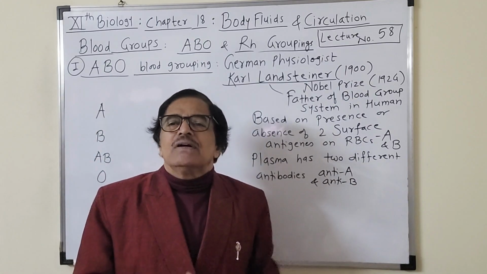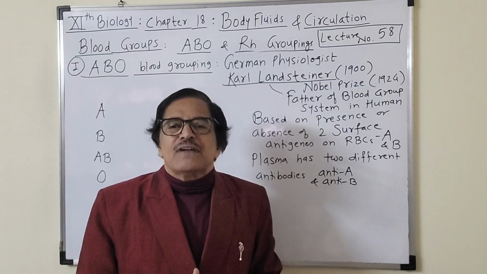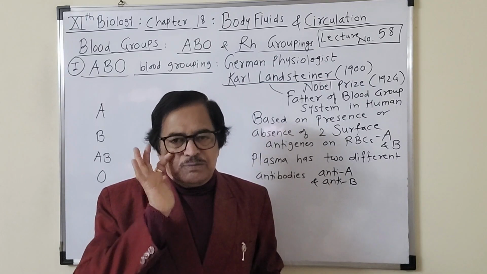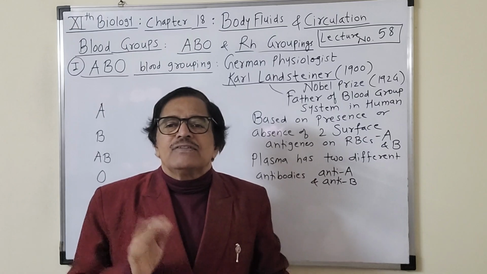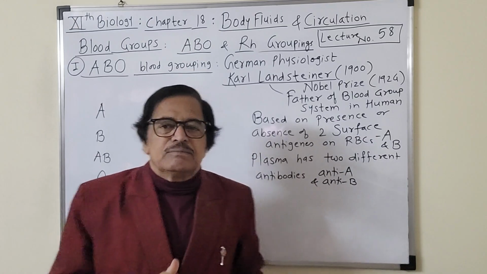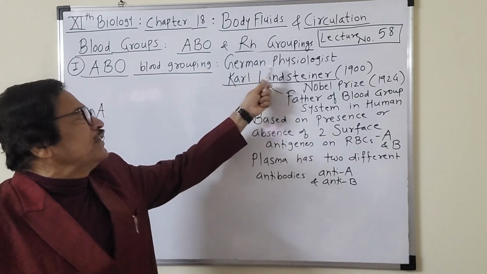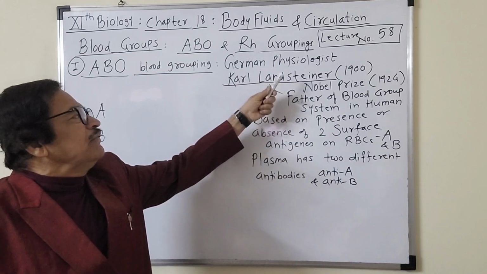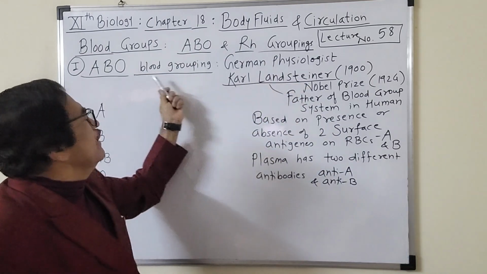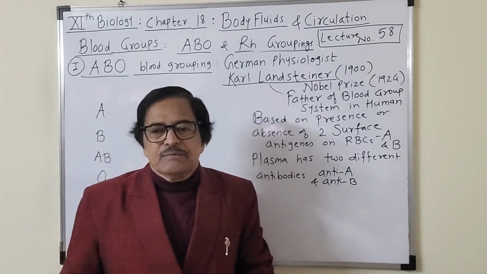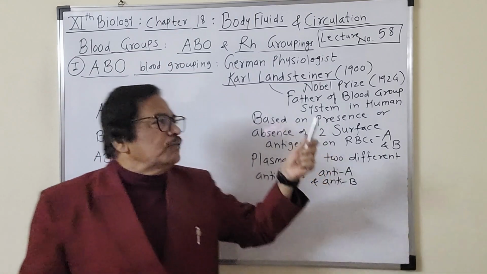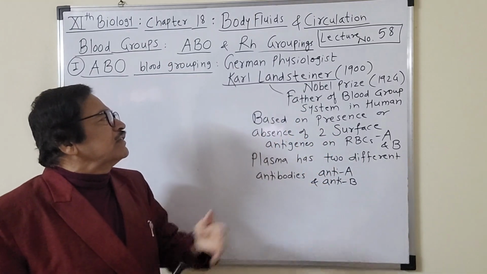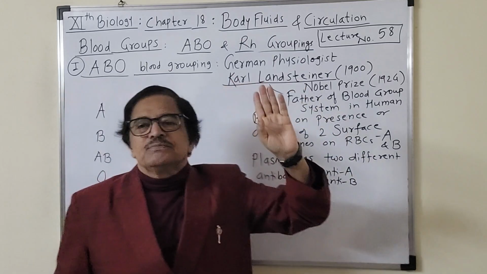You might have learned it earlier in your 10th standard also, but just get it revised properly. All that system you should understand very clearly. It was first given by a German physiologist. Which system? The ABO blood grouping. That was given first by a German physiologist, Karl Landsteiner.